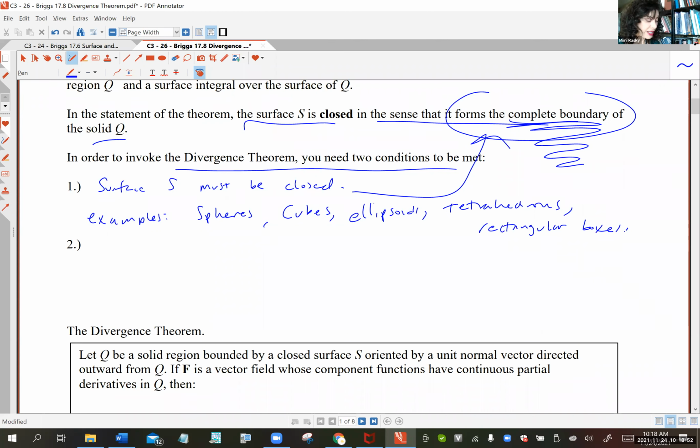And you also need extra criteria here. The Q, which is our solid, must be a solid region on which a triple integral can be evaluated. Triple integrals, oh yeah, we love these.